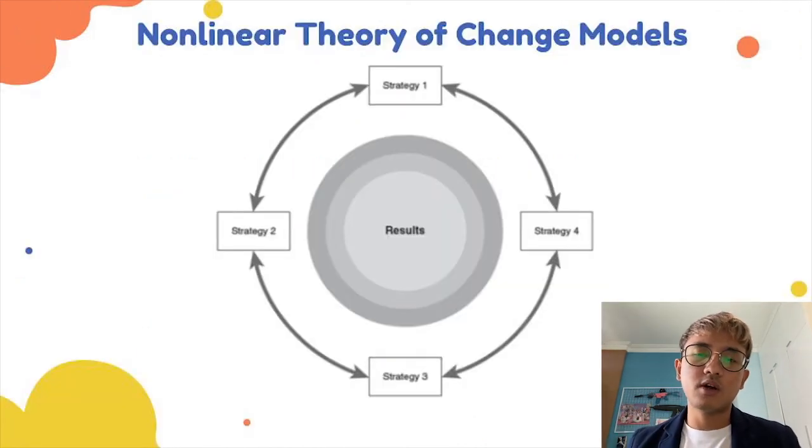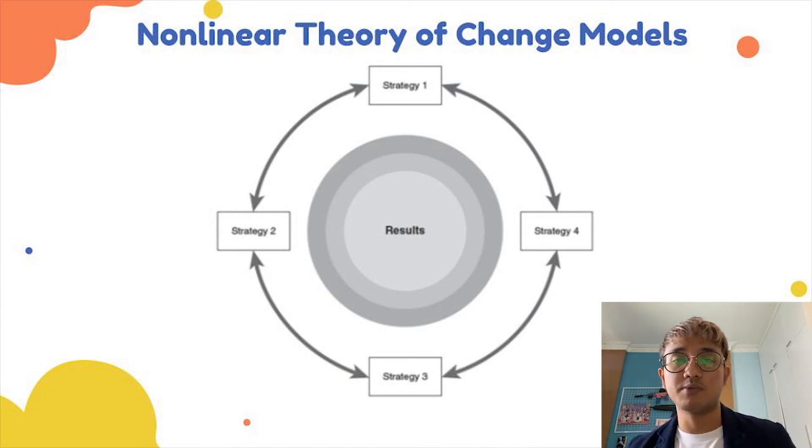The theory of change logic models, as we have seen so far from the presentation, are always in linear sequence. However, the world is much more complicated. Most change occurs in cycles and with multiple interactions among many features.